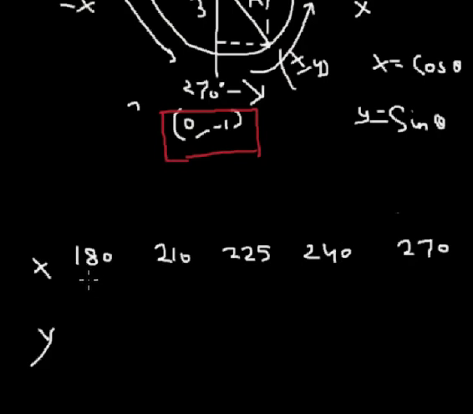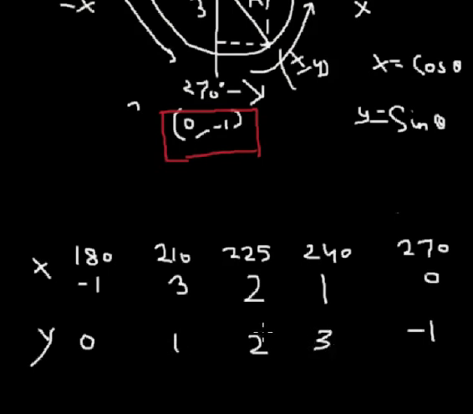The x value at 180 is negative 1, and at 270 the x value is 0. The y value at 180 is 0, and at 270 the y value is negative 1. So if we start from 1 and end at 0, then we must write 3, 2, 1, and from 0 to 1 is 1, 2, 3.